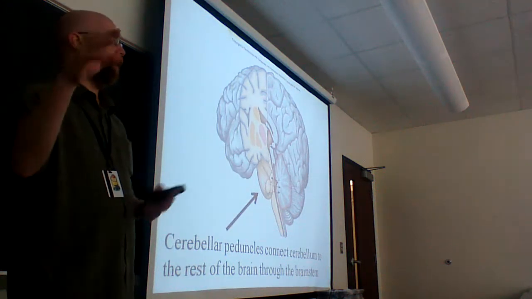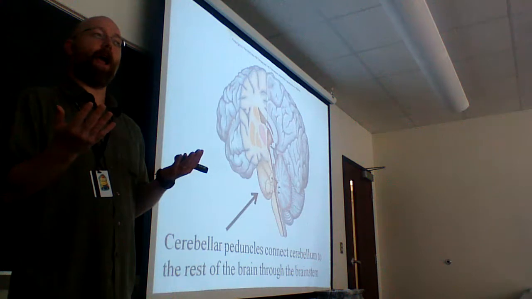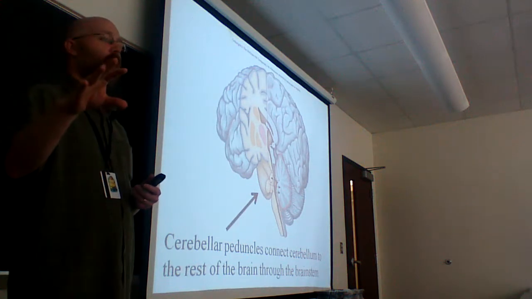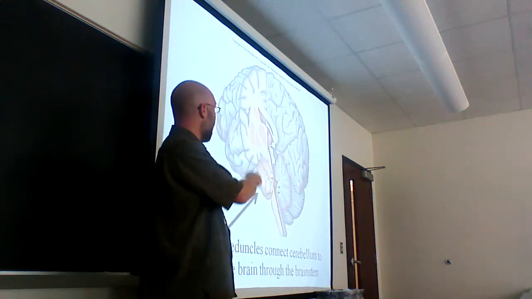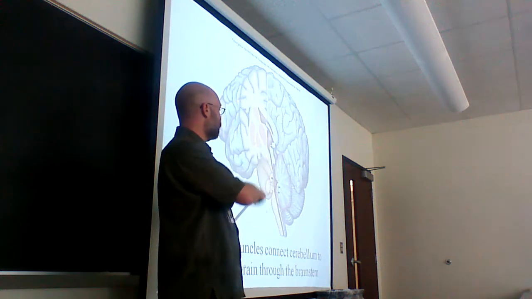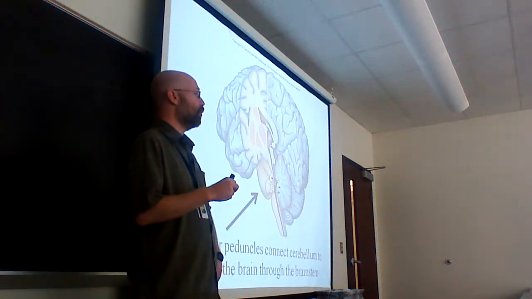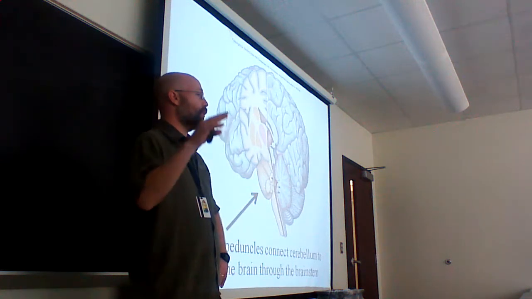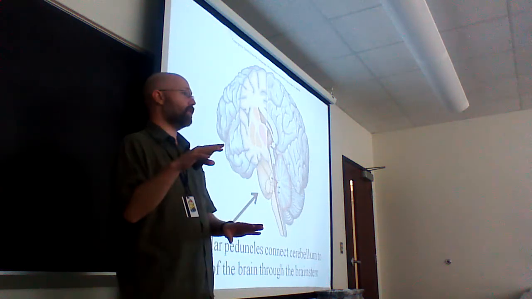And then the cerebellum is going to compare those two things. And it's going to say, hey, that's close, but not quite. And it's going to send out instructions back to the cerebrum, ultimately down to other parts, saying, this is what you need to do in order to make your desires match your current circumstances, right?